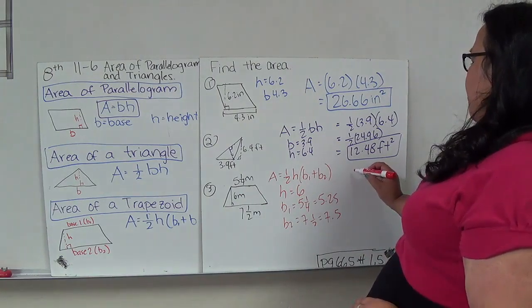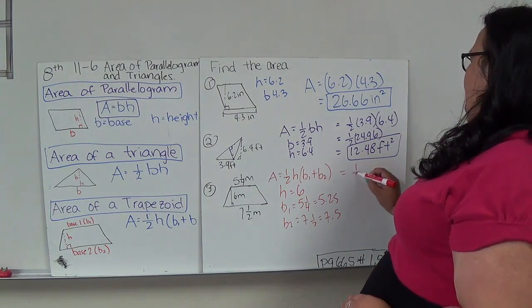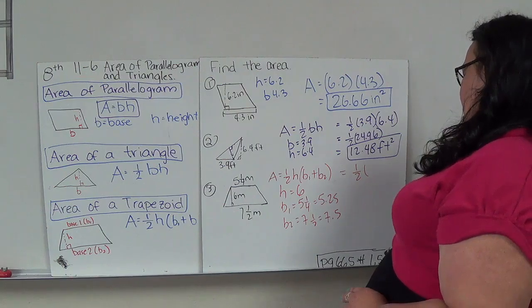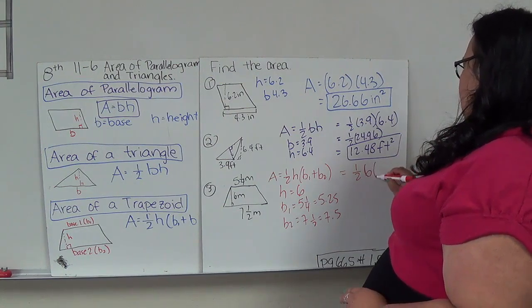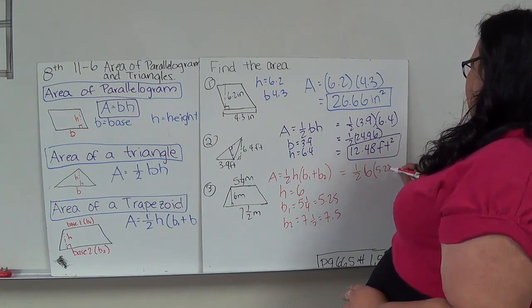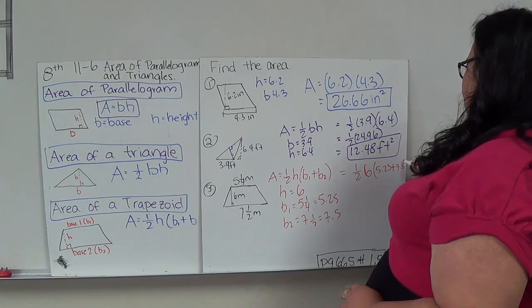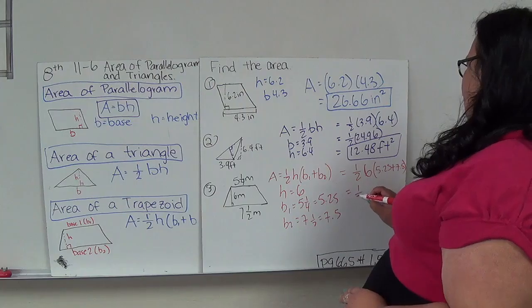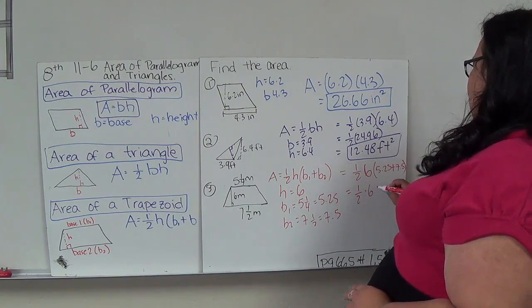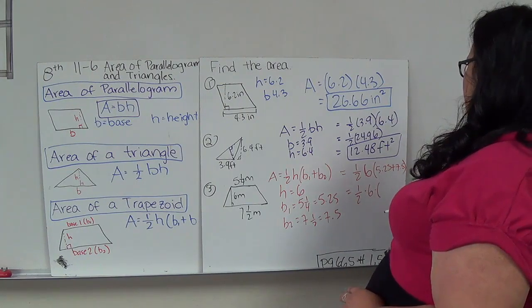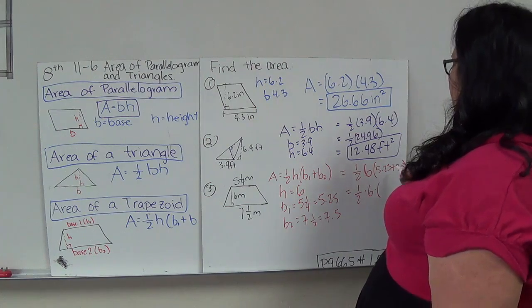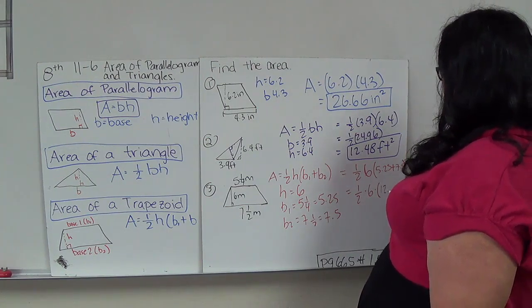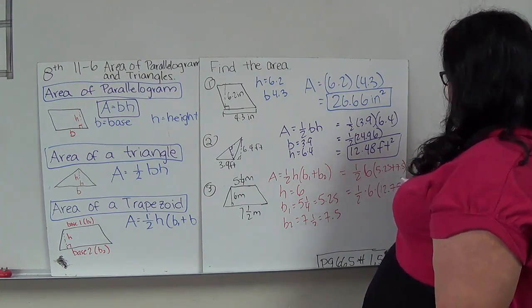So let's plug it in. Area equals 1/2 my height, which is 6, and then 5.25 plus 7.5, which means I'm going to do 1/2 times 6 times 12.75.